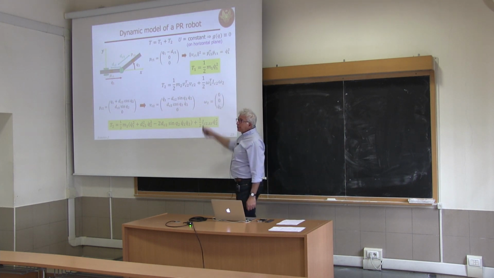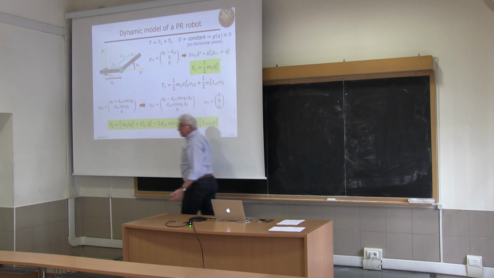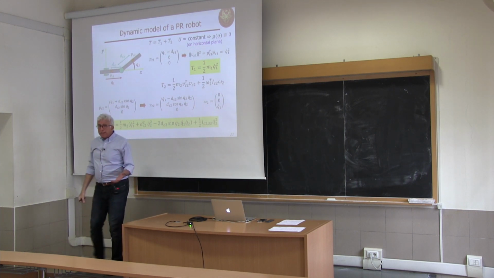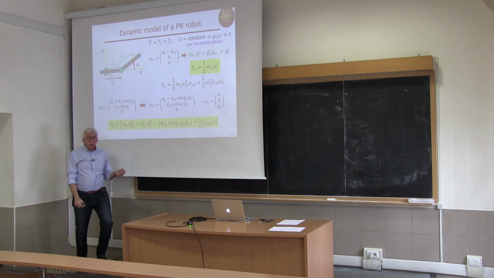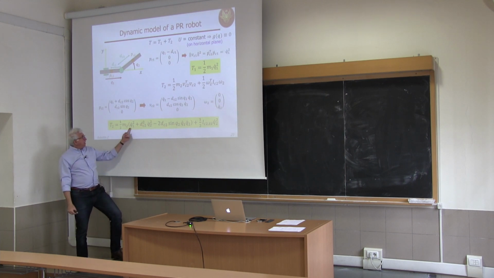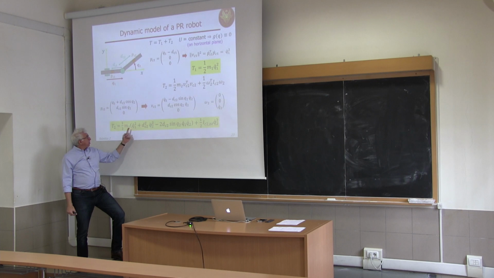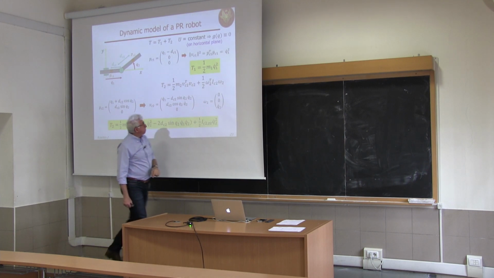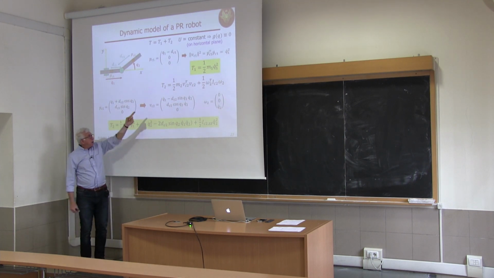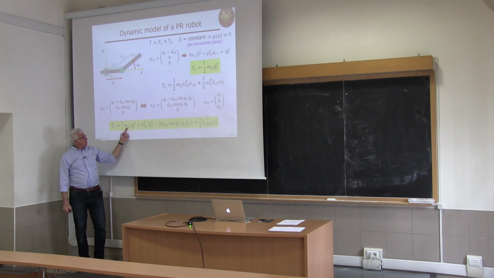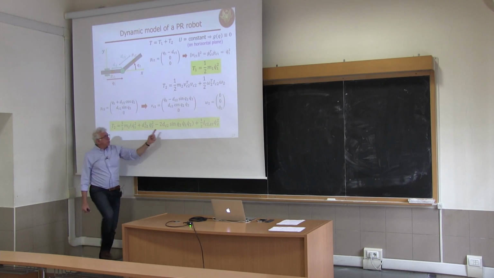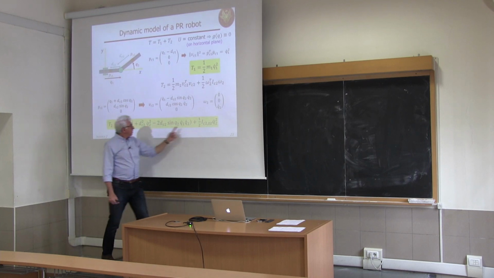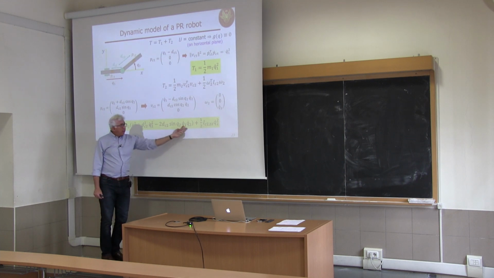You add it to the first link, and you recognize that the total kinetic energy is a quadratic function in q dot. In fact, it has a quadratic term in q1 dot here and here, M1 there and M2 here, plus it has quadratic terms in q2 dot square here and here, plus has a cross product of q1 dot, q2 dot.